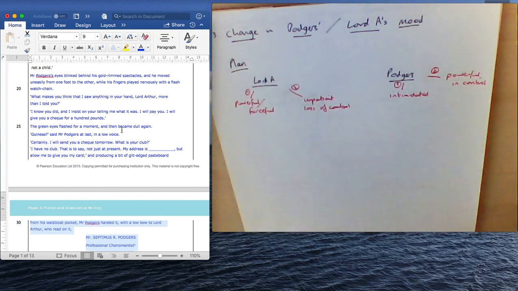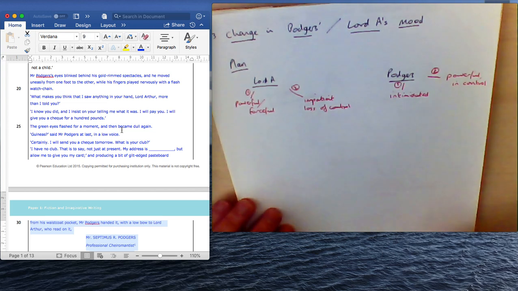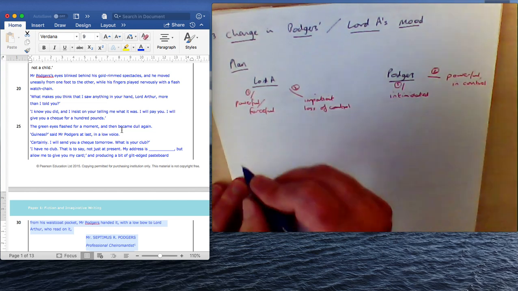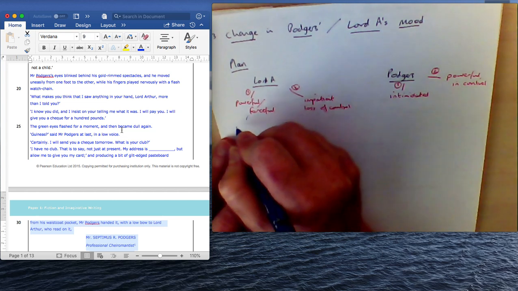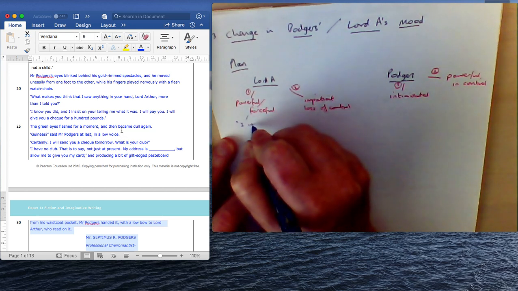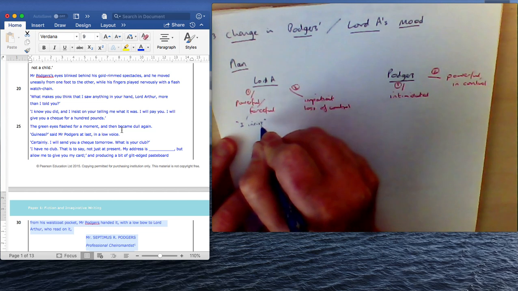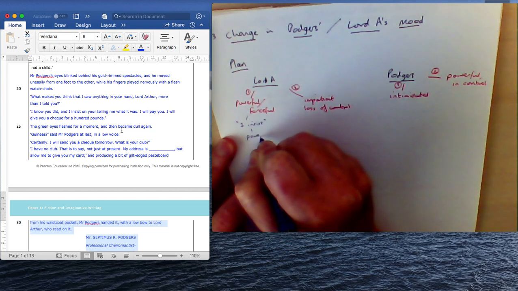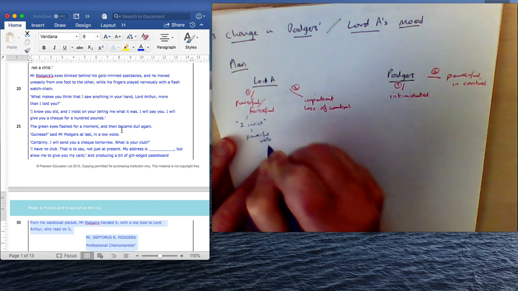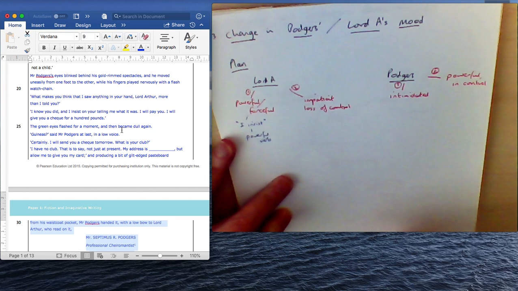Now obviously there is clear evidence in the language to support those structural points, so I'm going to use my language analysis to prove the structural points I'm going to make. For example, when we're thinking about Lord Arthur, I would look at line 23 where he says "I insist", and that's a powerful verb. You can see in blue I've got my language point there.